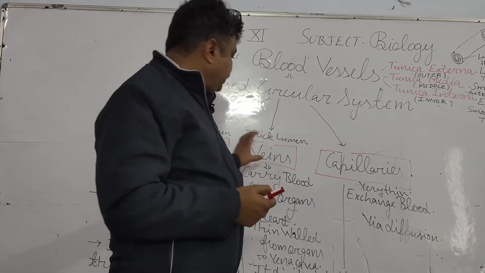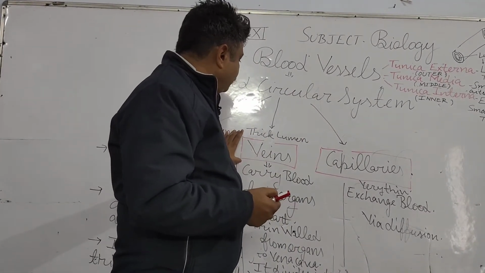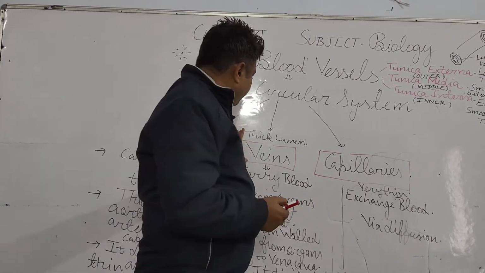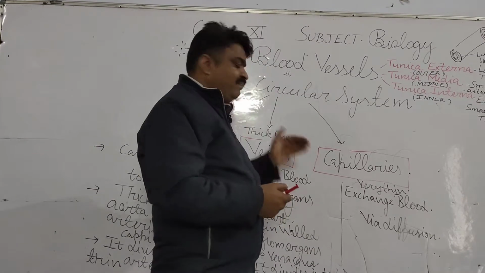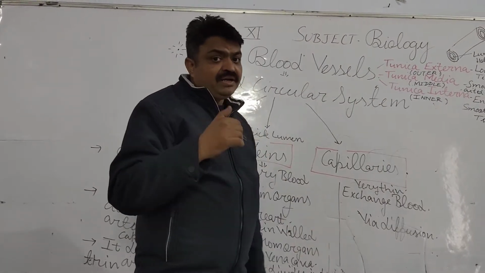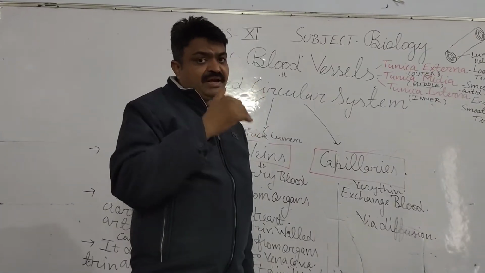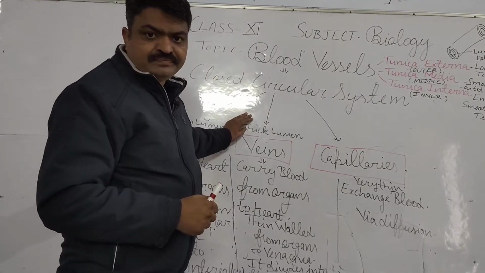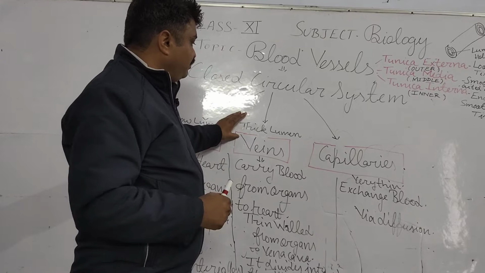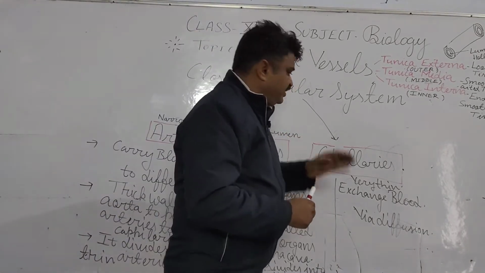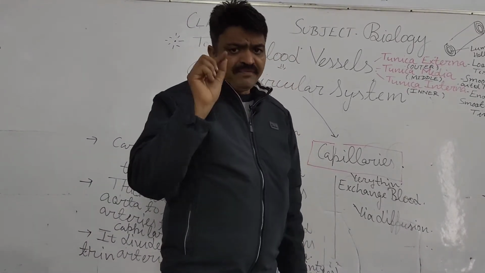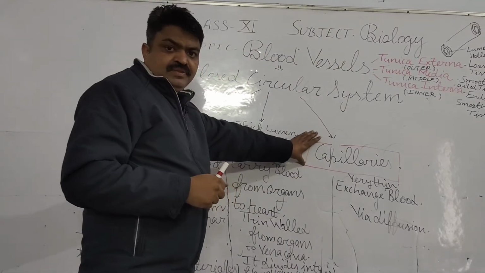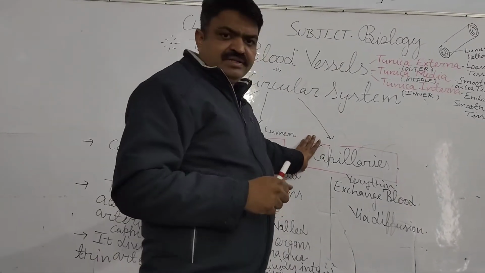Why do they have the broad lumen, student? Because they have low pressure. This narrow or broad lumen helps in maintaining the pressure. So it is about the lumen, student. And capillaries have a very narrow lumen.